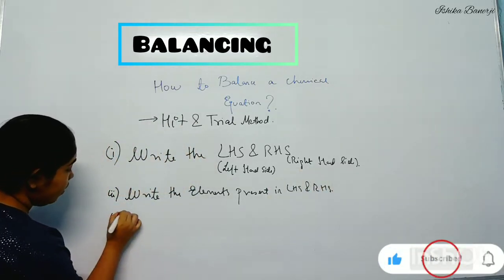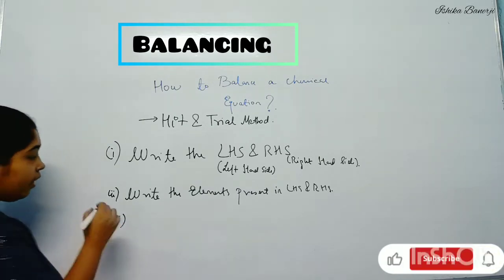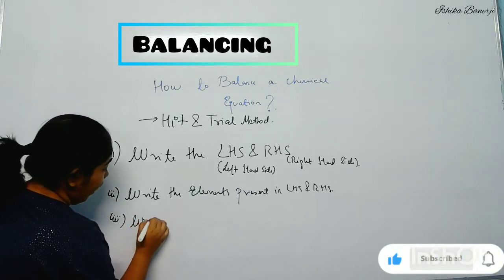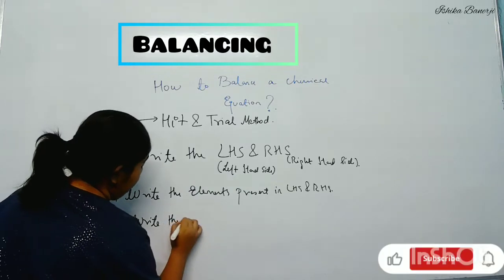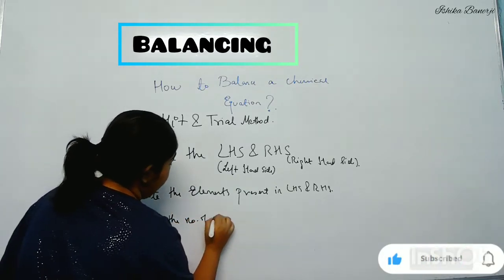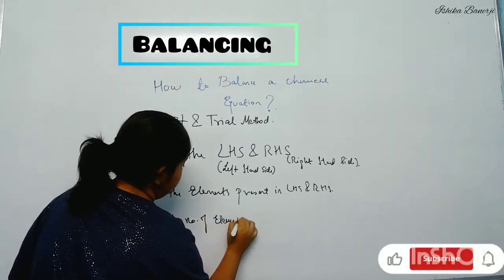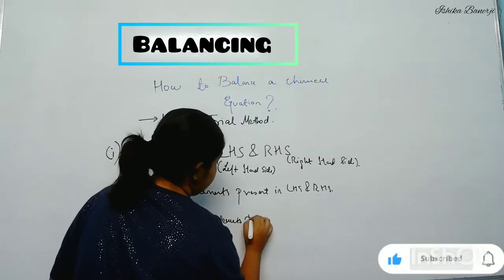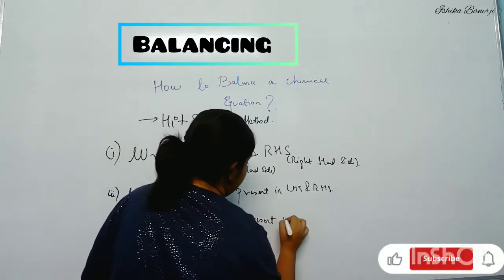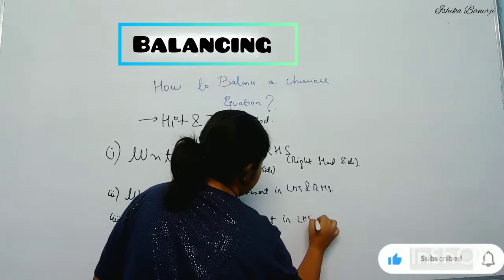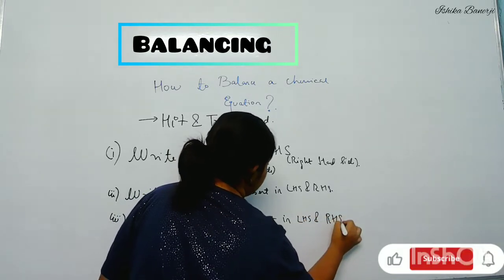Third, what was the third thing? Write the number of elements present in LHS and RHS.